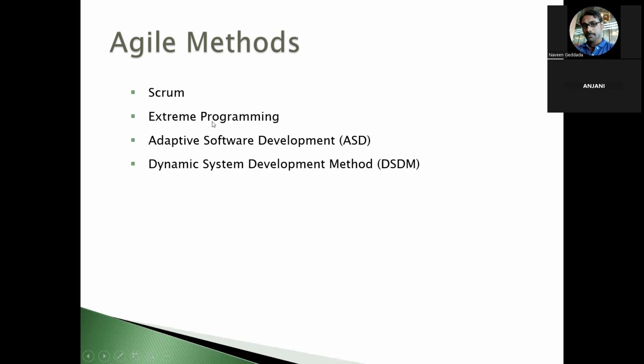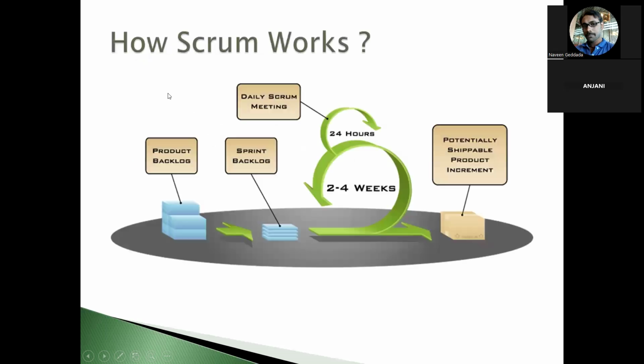Extreme programming comes into the picture when we are implementing this Agile framework across multiple projects, or when we have the SAFe Agile implementation. So Agile implementation is different from the SAFe Agile implementation. Okay.